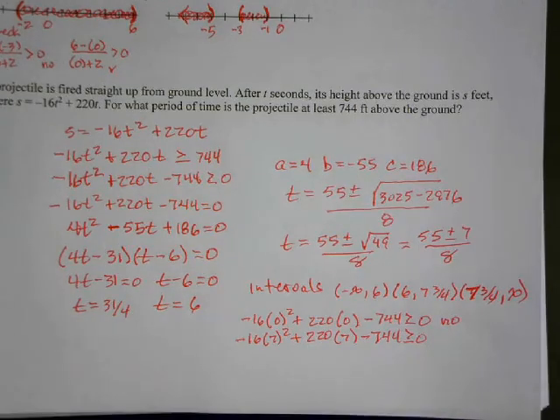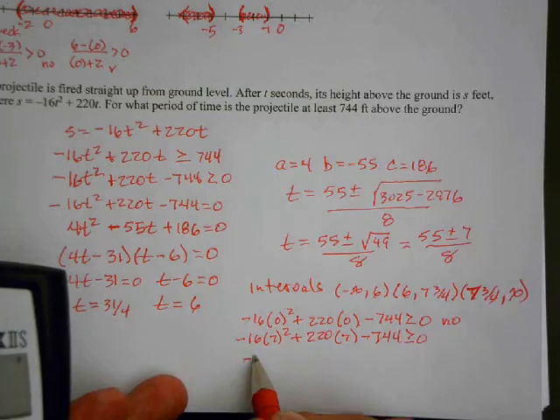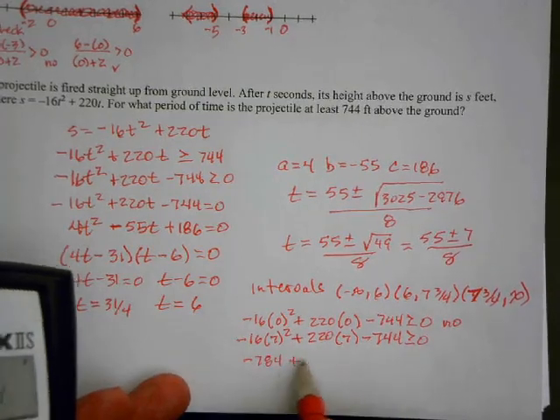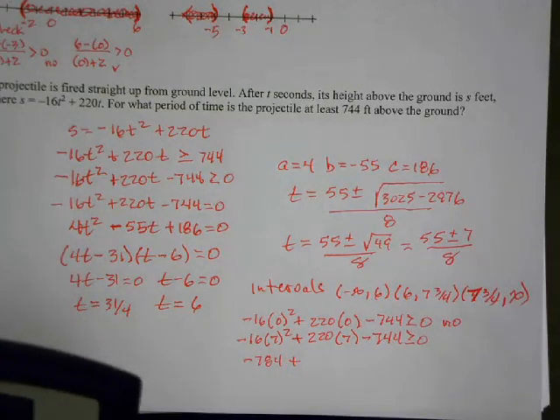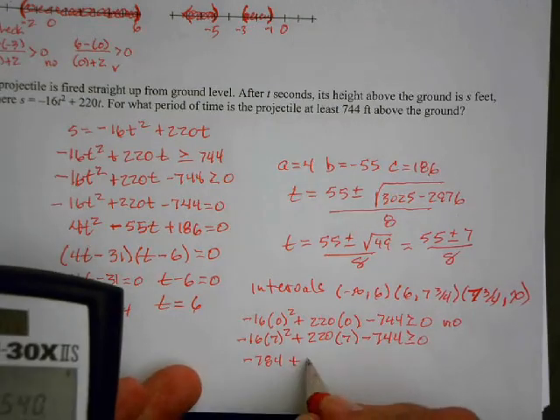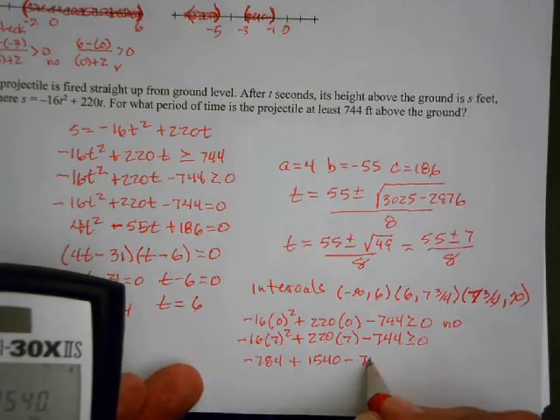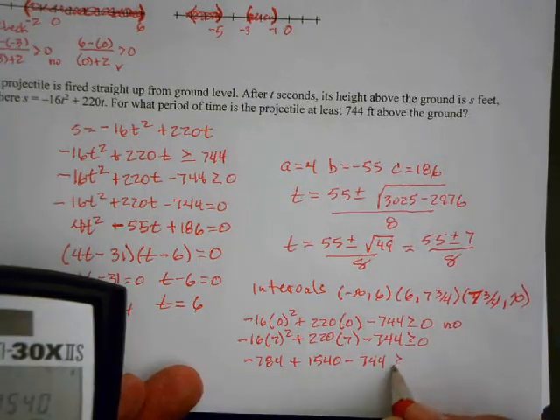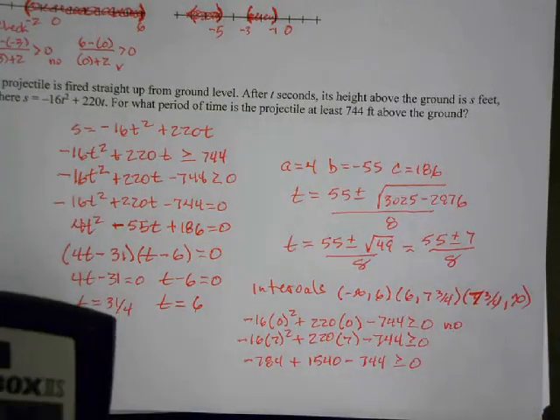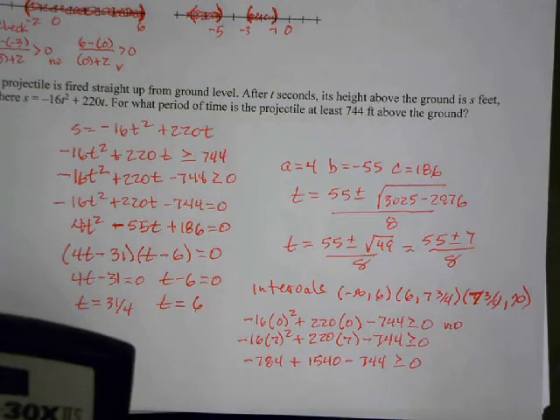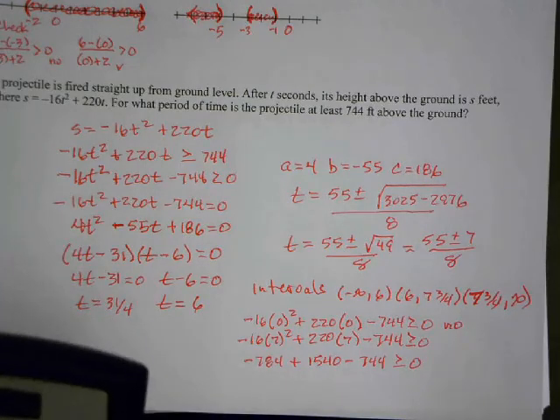So this is negative 784 plus 220 times 7, that's 1540. Subtract 744. So let's see. Subtract 4, subtract 4. And it turns out we get 12. So that one does work.